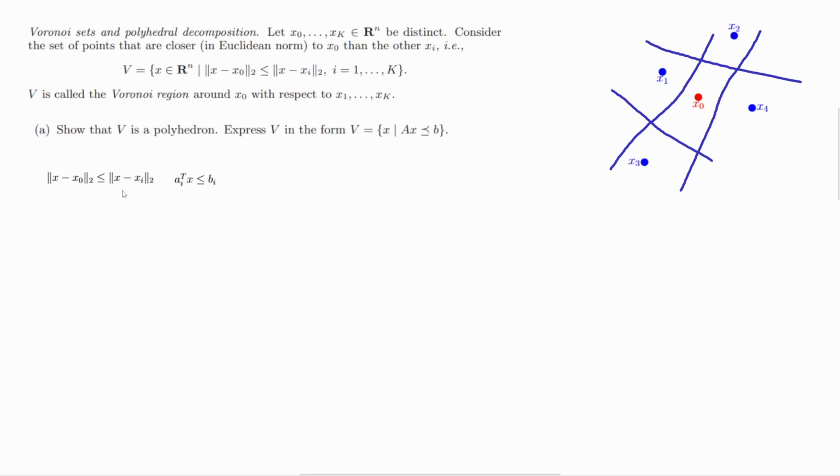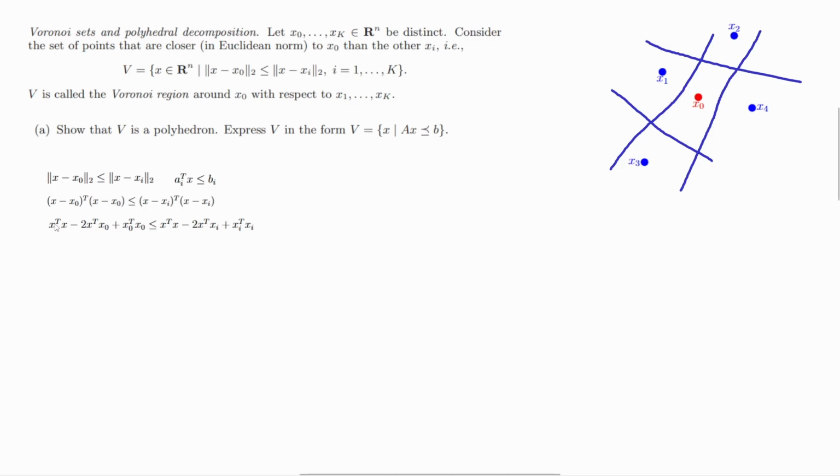Since both sides are non-negative because it's a norm, we can square both sides. When you square the 2-norm, that gives you the transpose times itself, and so we just write that out. And once we expand this expression, we get as follows.